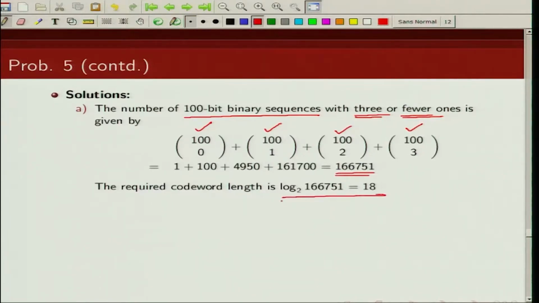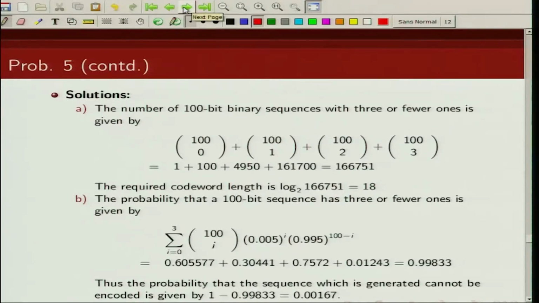Then the required code word length is going to be the ceiling of log to base 2 of the number of such code words, which is 18. So we can represent all sequences of length 100 coming out of this discrete memoryless source using a code word of length 18, assuming we are assigning code words to all sequences which have 3 or fewer ones, and all code words are of the same length.